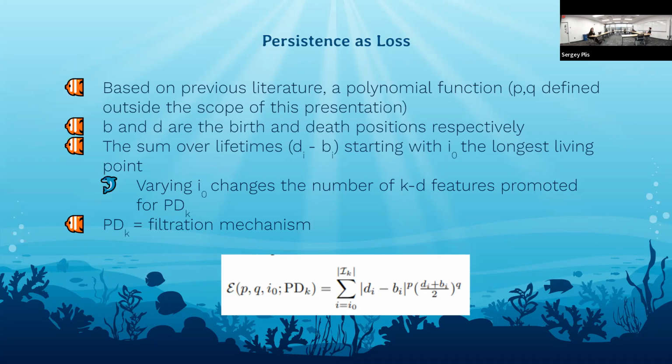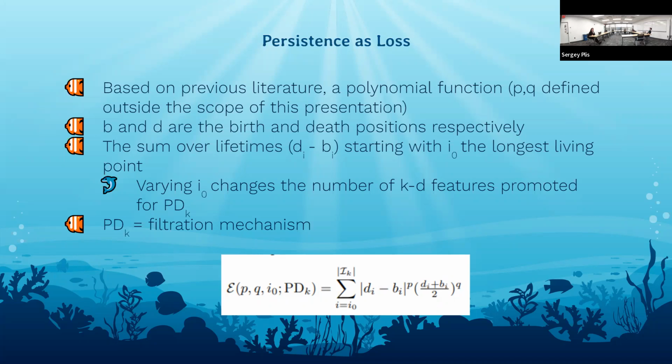Just like we have in VAEs, in essence, it regularizes whatever you need it to regularize based on topological properties. So in this loss function, it's just the length, D minus B. D is the death, the point at which it dies, and B is the point at which it is born. So it's that length of that barcode.